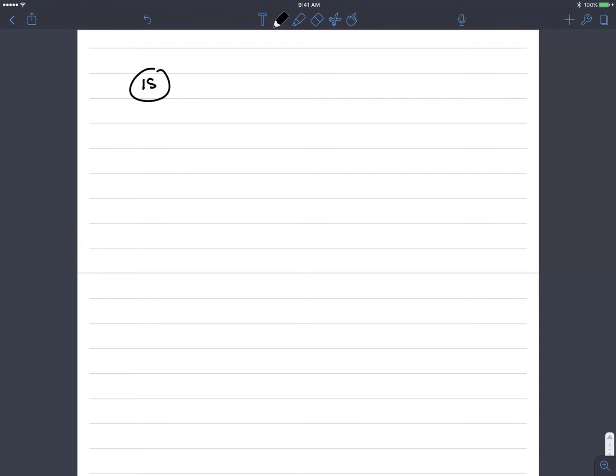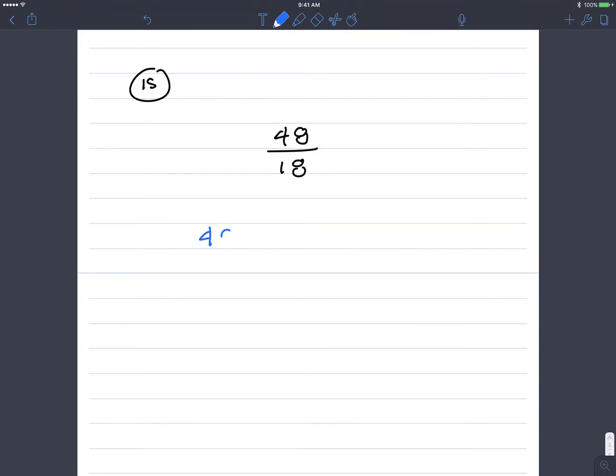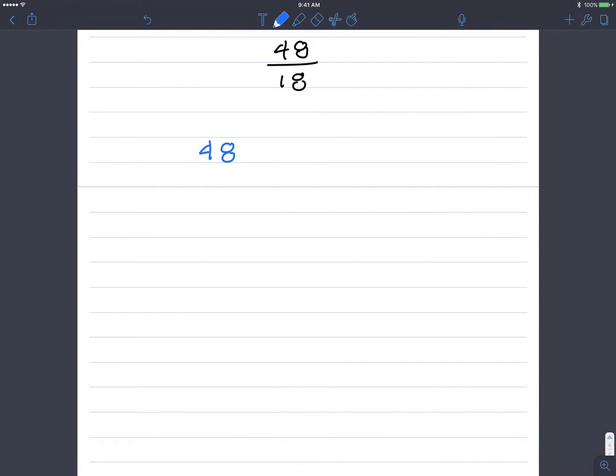Number 15. 48/18. Factor trees for 48. 6 times 8. Break down 6. 2 times 3. Break down the 8. 2 times 4.